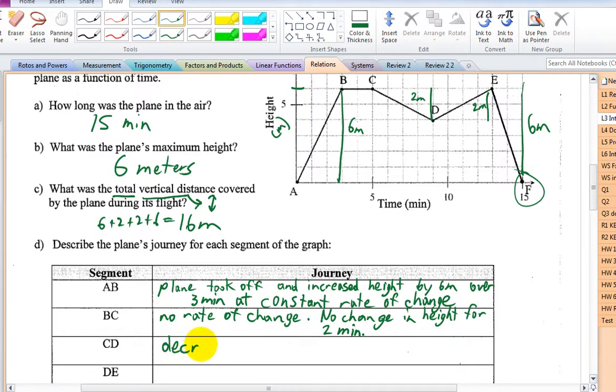Well, somehow it got described that the plane went down. So a decrease of 2 meters in height over how long? 4 minutes at a constant rate of change. Okay.